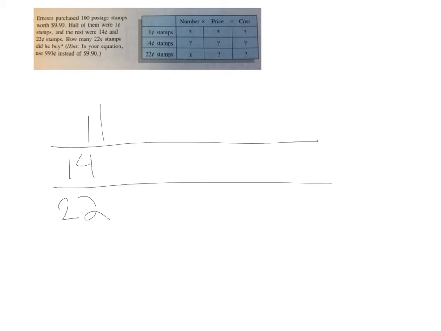Okay, in our equation, we can use 990 cents instead of $9.90, which makes sense because everything's calculated in cents. So 1, 14, 22 is how I would set up the rows of my chart. And then number, price, total cost is how I would set up my columns.